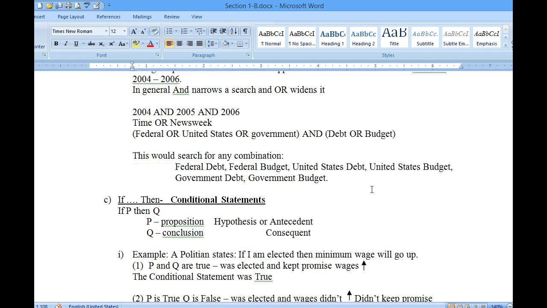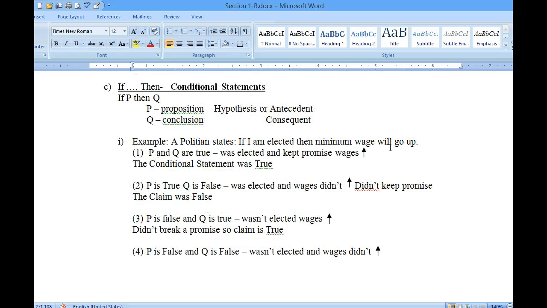This will find any different combination that you have of federal and debt or federal and budget, United States and debt or United States and budget, government and debt or government and budget. And that's how we can make internet searches a little faster. Our next logical connector is the if-then or the conditional statement. If P, then Q.